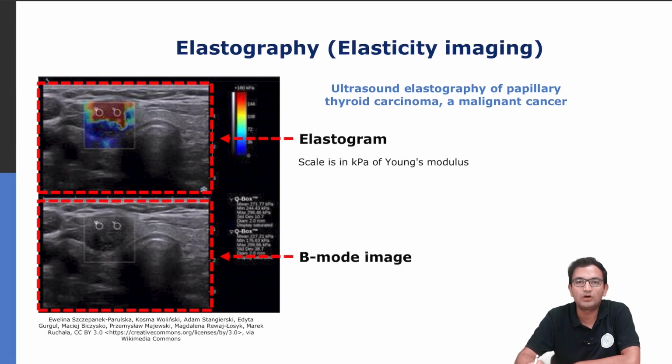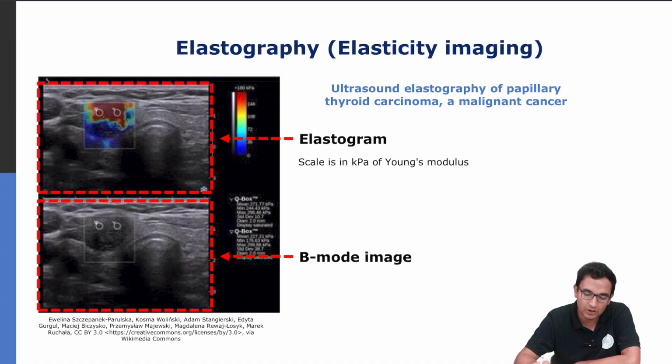Then let us talk about tissue elastography imaging. In tissue elastography imaging, we try to non-invasively assess the tissue elastic parameters. It could be Young's modulus or shear modulus, for example, or in some cases surrogate metrics such as strain.